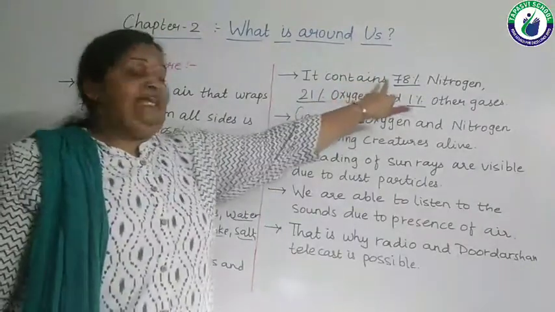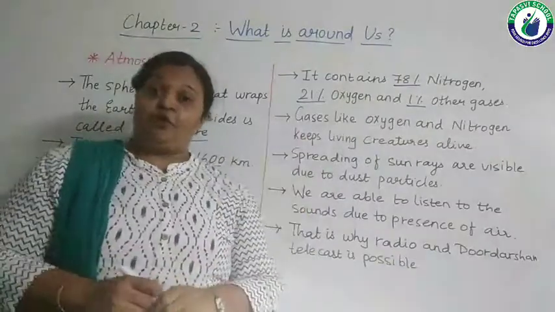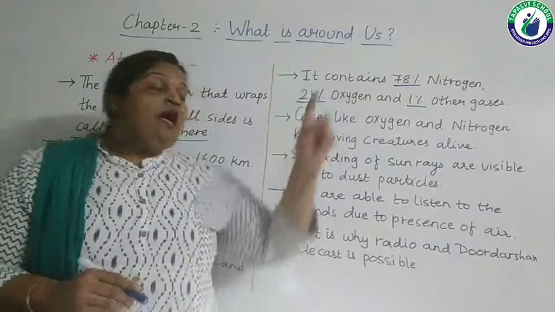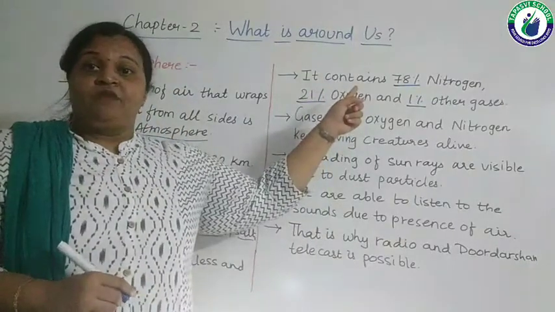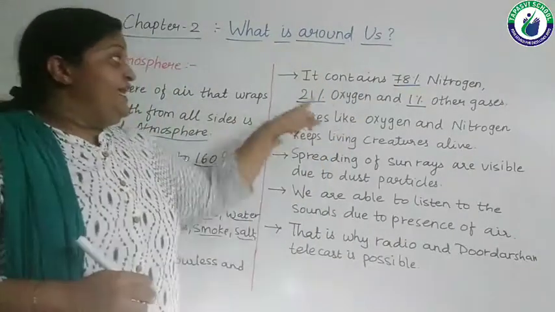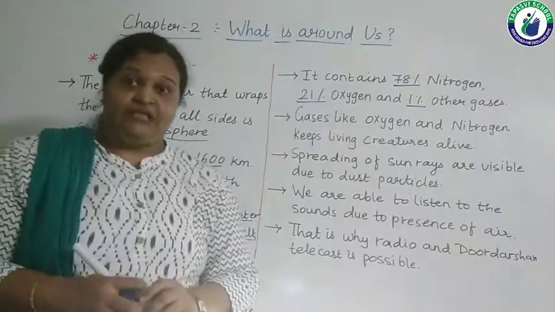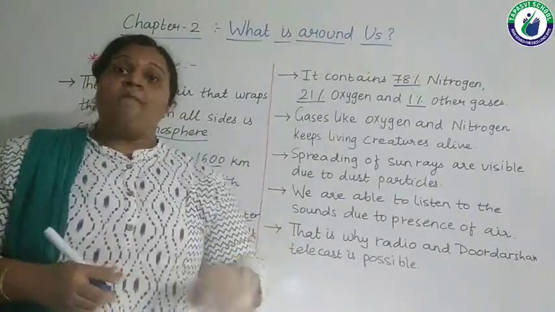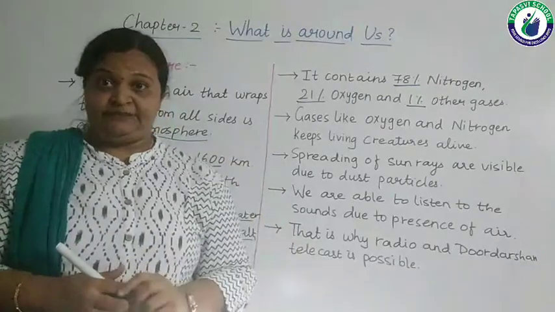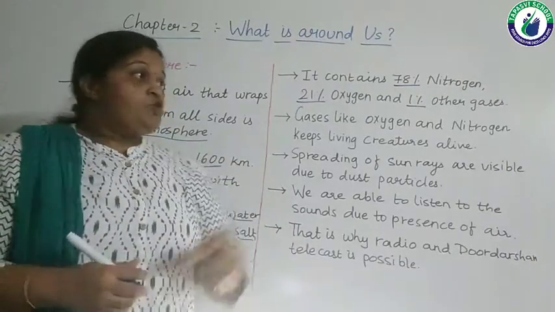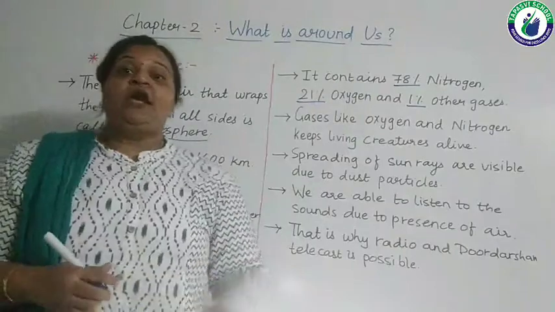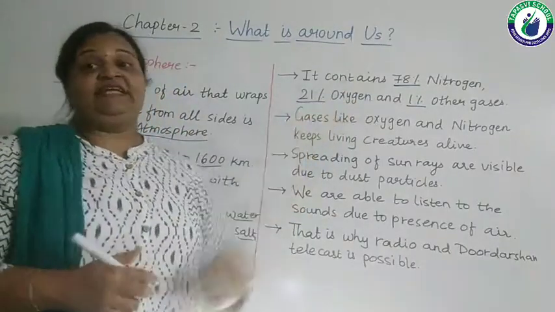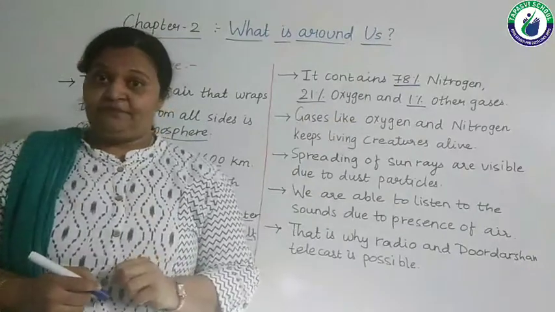Then what is the need of this much good proportion of nitrogen in the air? Because nitrogen reduces the intensity of oxygen. Oxygen has the power to combust anything. Right? So nitrogen, when combined in more proportion than oxygen, reduces the intensity of oxygen.